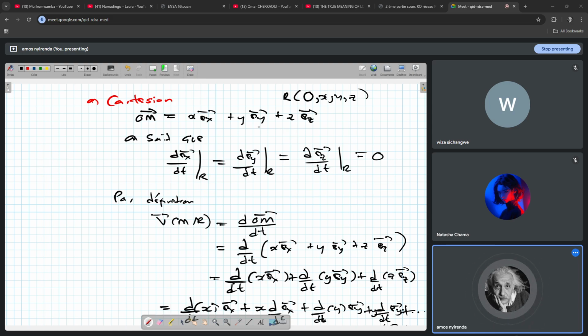Now we know that in the Cartesian coordinate system, the unit vectors are fixed, meaning par rapport au temps. So if we differentiate with respect to time, the vector ex will get 0 because it's fixed. It does not change with respect to time. Same thing for ey, same thing for ez.